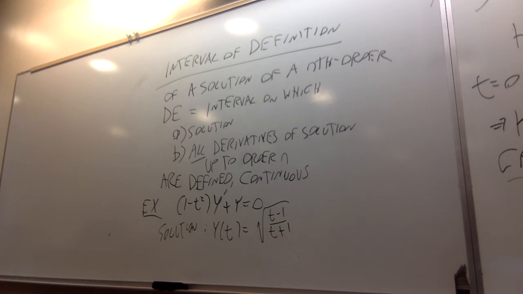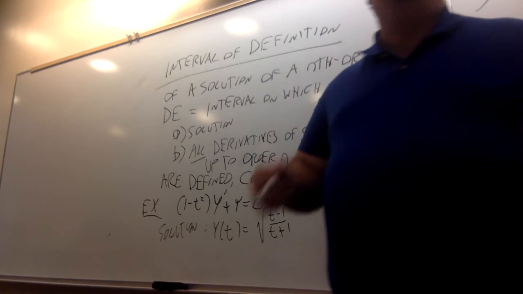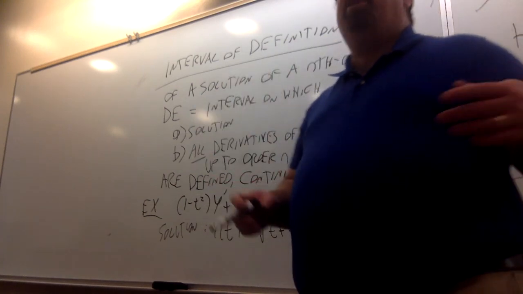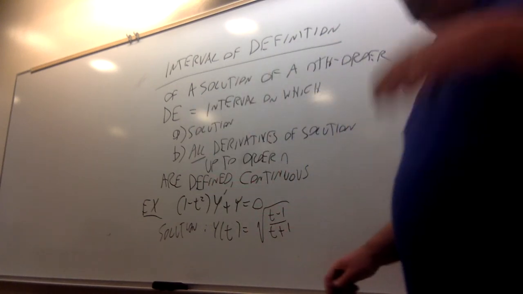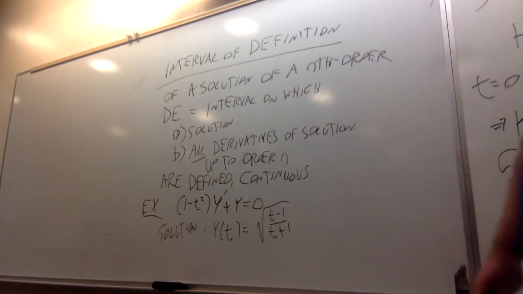But that's just a calculus exercise. To verify a solution, you take whatever derivatives are required, plug it all in, see if the equation is satisfied. So for now, you can just take my word for it that this must satisfy this DE. But what we want to focus on here is where is it defined?